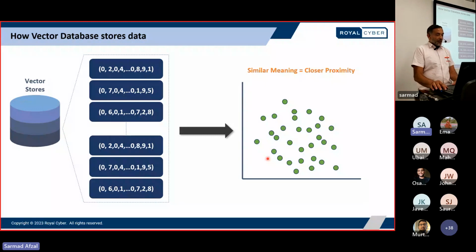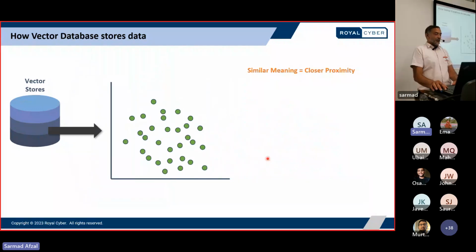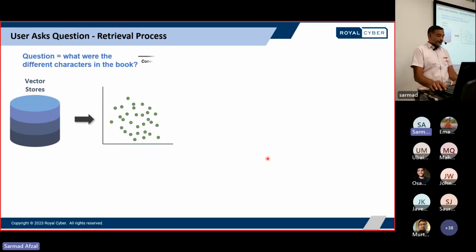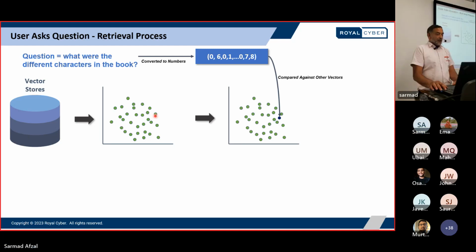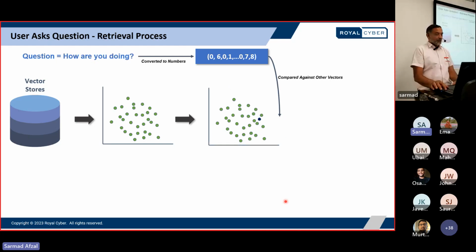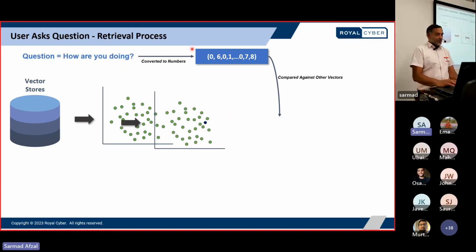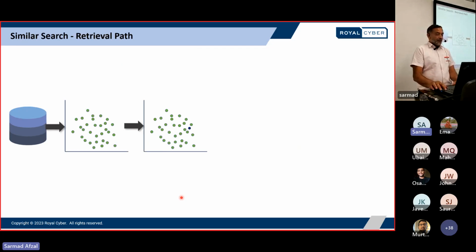Now let's say I want to ask a question: what were the different characters in the book? The vector database will find the closer proximity. The way it works is that it will take the question, convert it to numbers again, and then look it up in the vector DB.